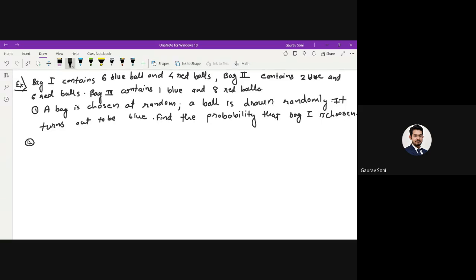And the second one: a bag is chosen at random. Two balls are drawn without replacement. What do you mean by without replacement?